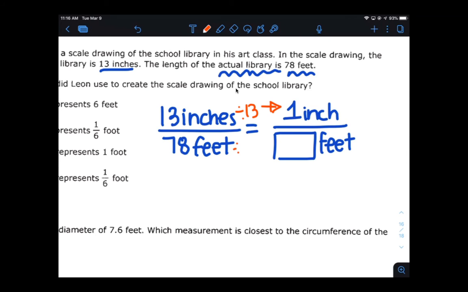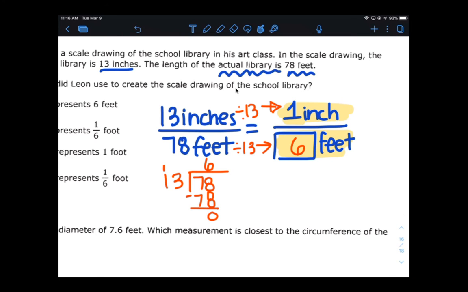And then we have to divide 78 by 13, right? 78 divided by 13. 6 times 3, 18. Carry 1, 6 times 1, 6, and 1, 7. There you go. So we have that 1 inch represents 6 feet.